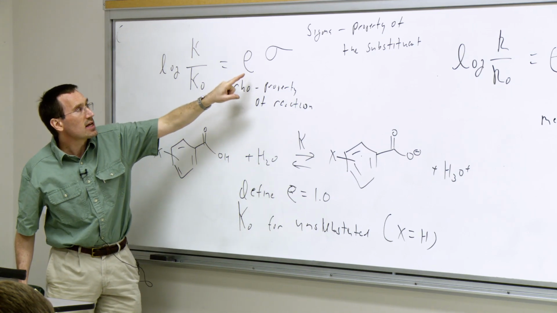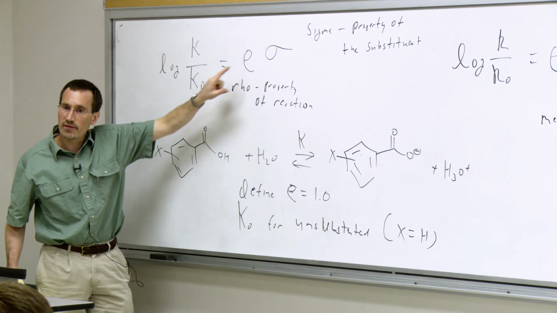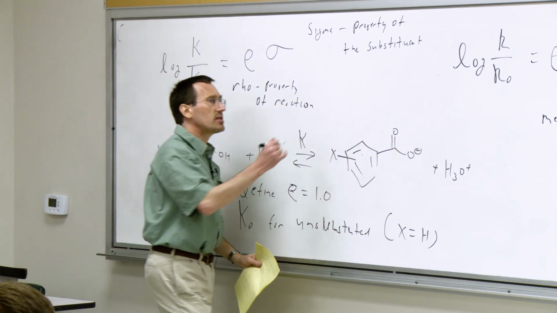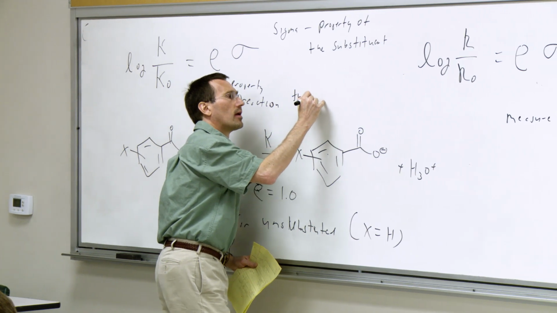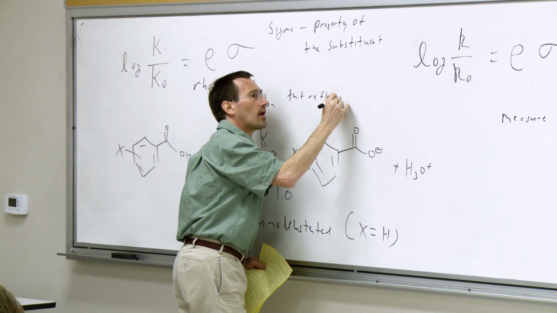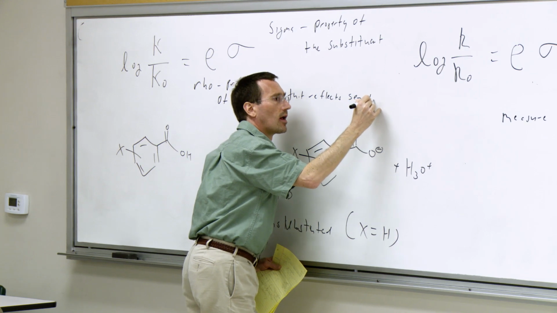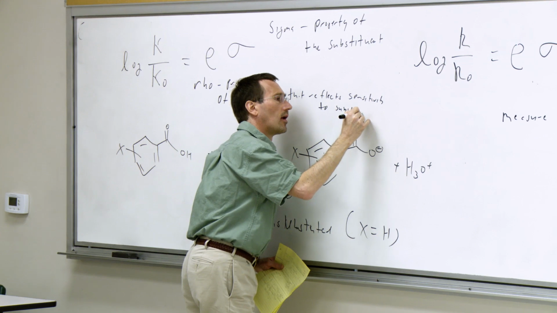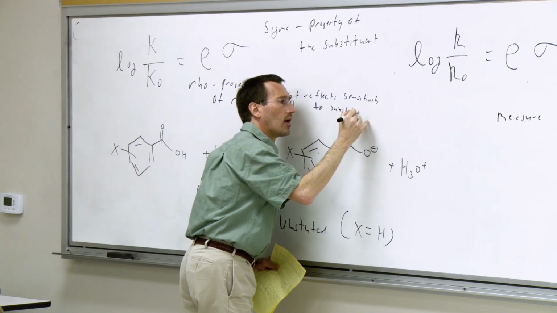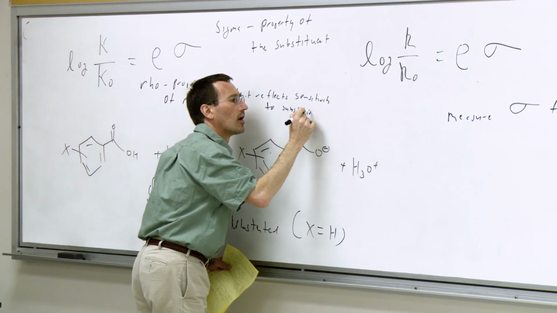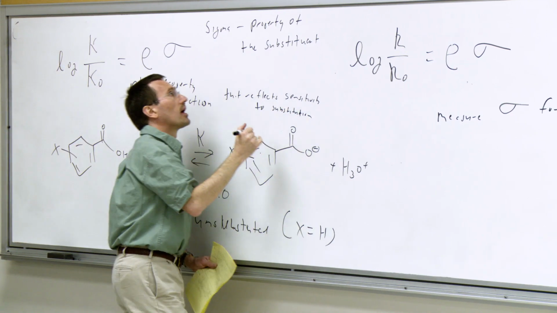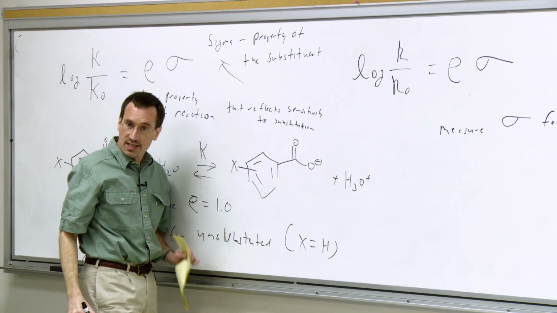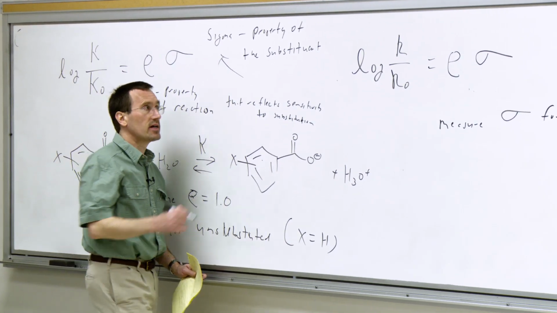So rho is a property of the reaction that reflects the sensitivity to substitution, and sigma is the ability of the substituent to stabilize or destabilize charge.